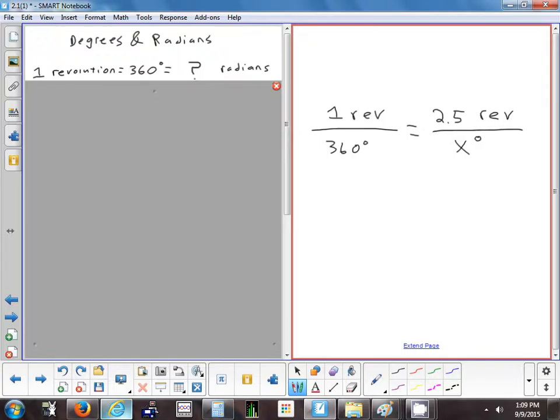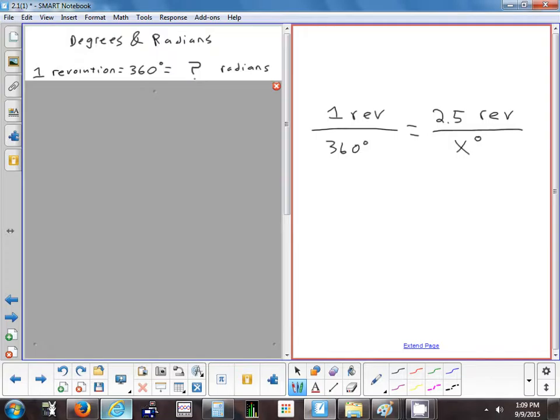Generally, we solve a proportion by doing what? Cross multiply. Basically here it would just be 360 times 2.5, and that would tell you how many degrees in 2.5 revolutions.